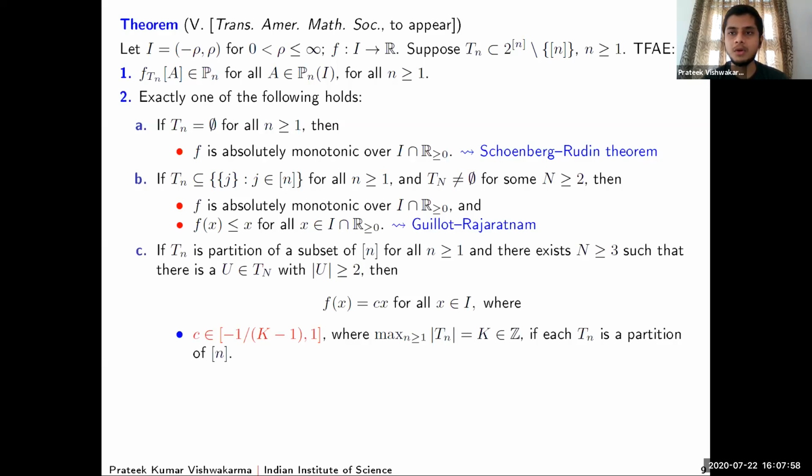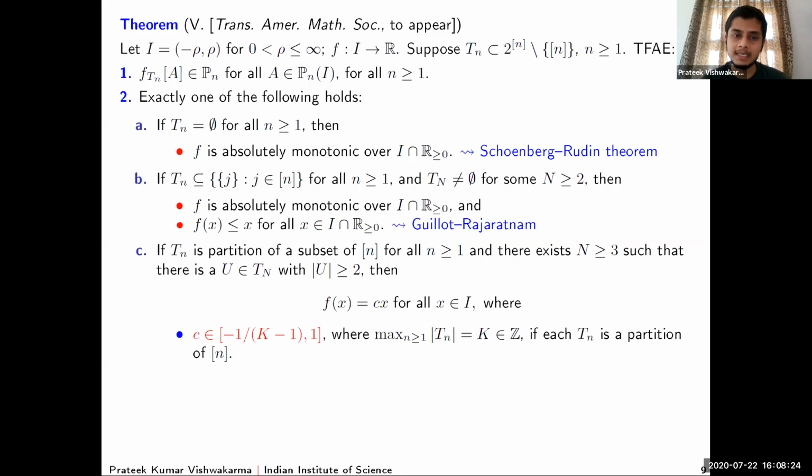Now we move on to the third case, in which the function f is forbidden to operate on at least one 2x2 principal block, in which case, as we have found, the preservers are all linear functions which vanish at the origin, and where the coefficient c could be negative if each Tn is a partition of the set bracket n, and the number of parts in Tn is uniformly bounded.